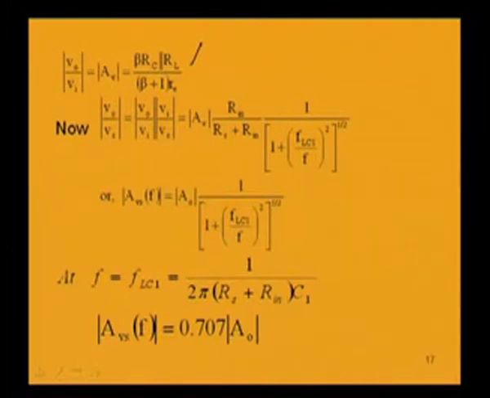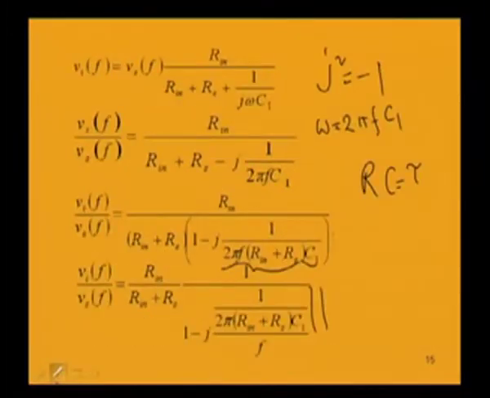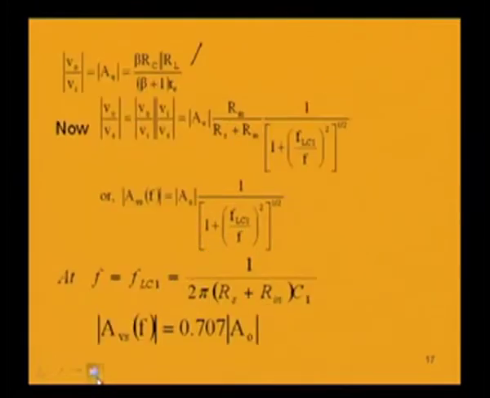Now, V naught by Vi is AV, we have found out Vi by Vs, and Vi by Vs is equal to this expression, AV into Rin by Rs plus Rin.